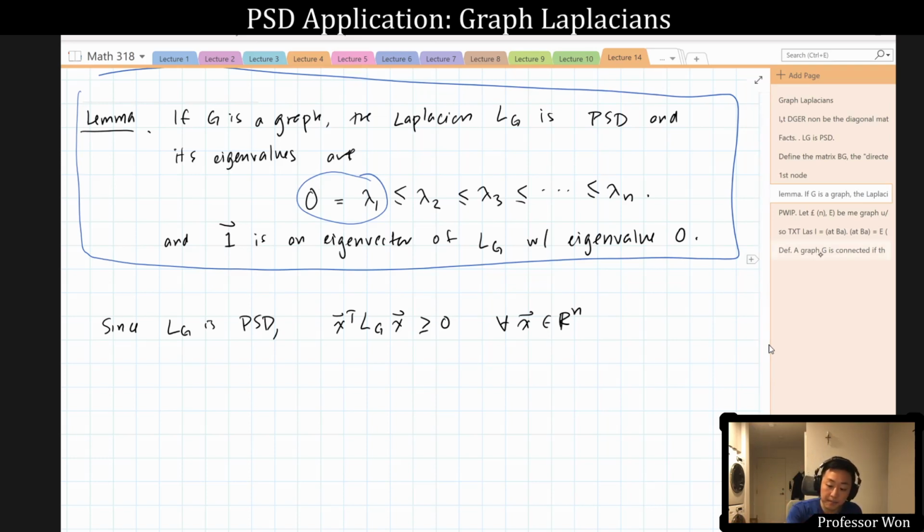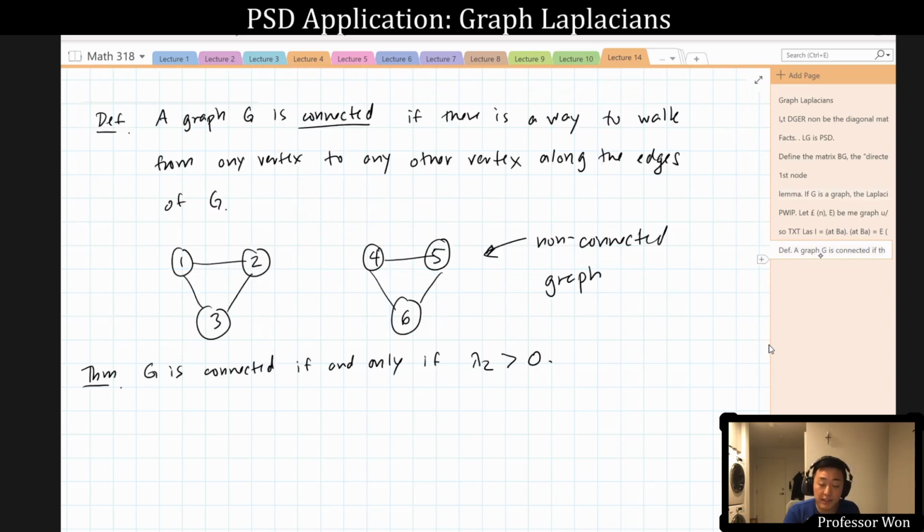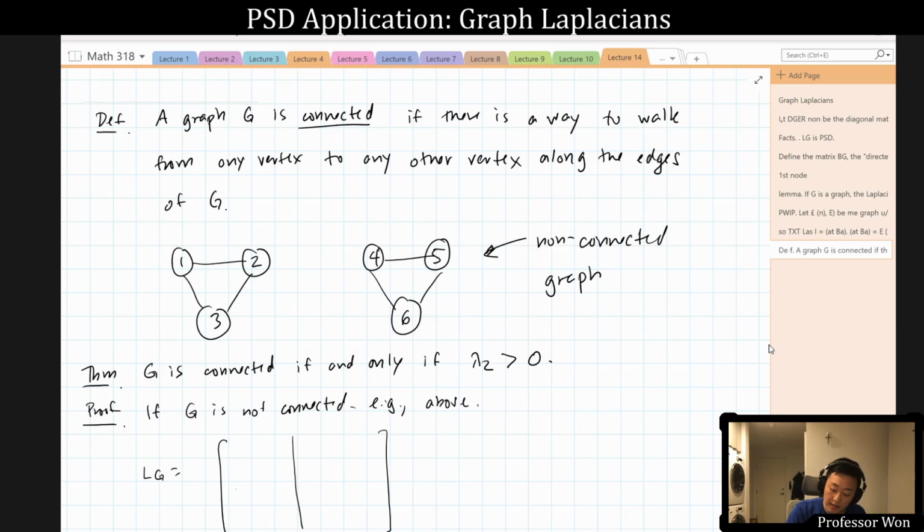Okay, and one direction of this proof is actually not so hard to see. The point is that if G is not connected, for example the example above, then if you think about what the graph Laplacian looks like, you can break it up into blocks.